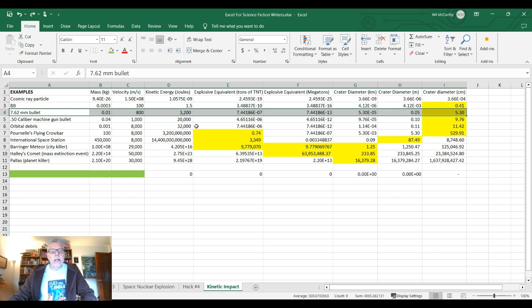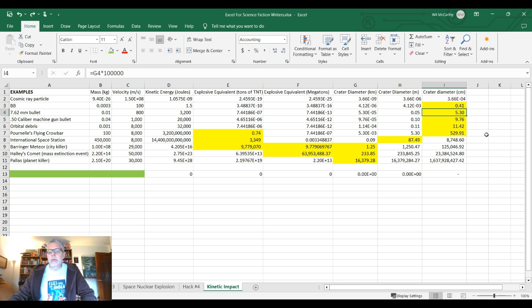This gives us a kinetic energy of 3,000 joules, and the crater diameter is about 5.3 centimeters. So you can knock a pretty good sized hole in some concrete, or rather make a good sized chip out of it, using a 7.62 millimeter bullet.